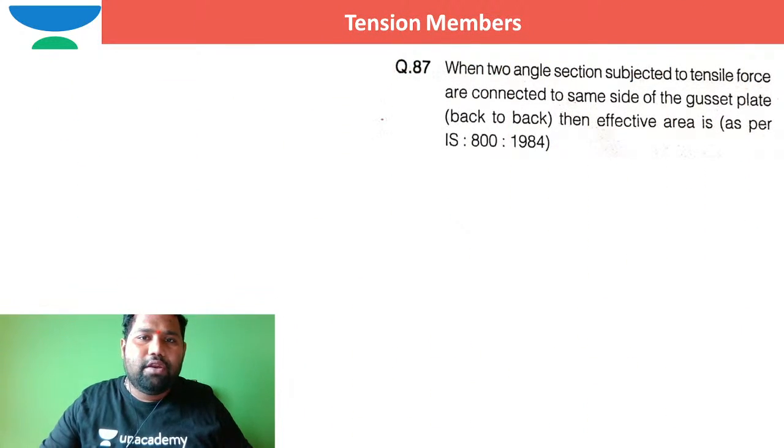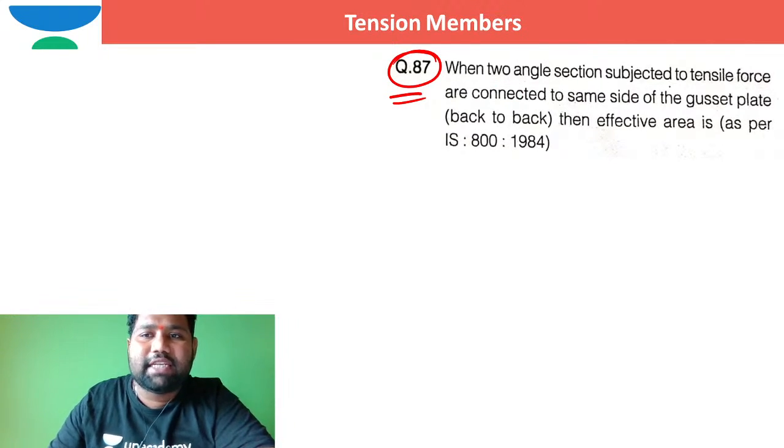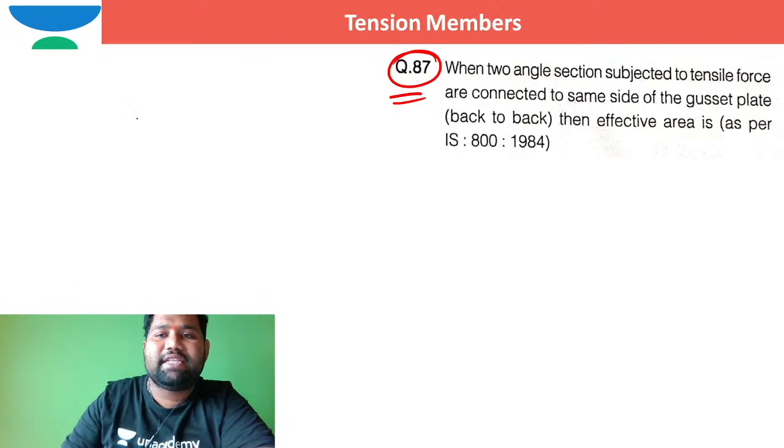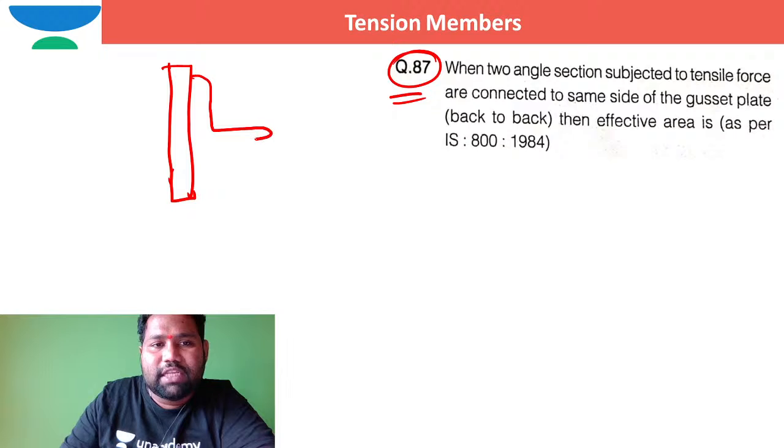Can you see here? I forgot to give the options, but anyway: when two angle sections subjected to tensile force are connected to the same side of the gusset plate, this is the gusset plate and this is a tension member. Two angle sections are connected to the same side of the gusset plate in this way, just like a T section.